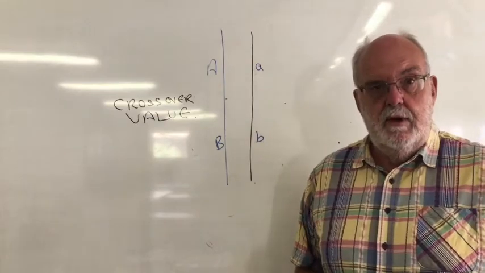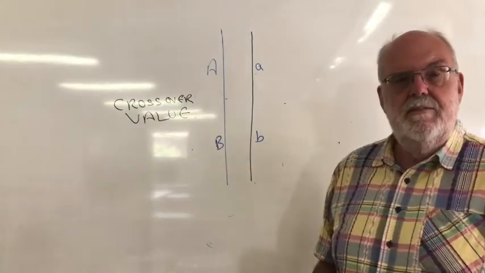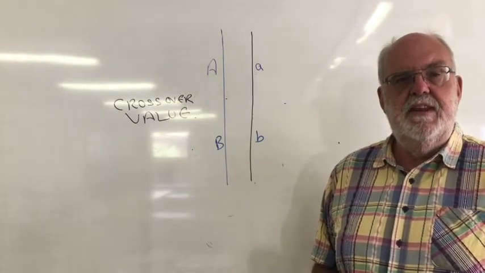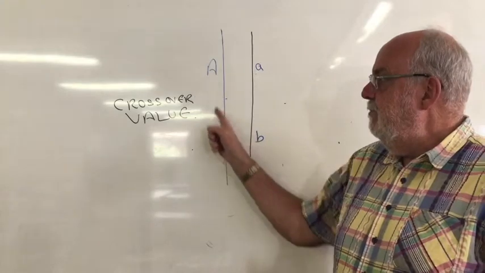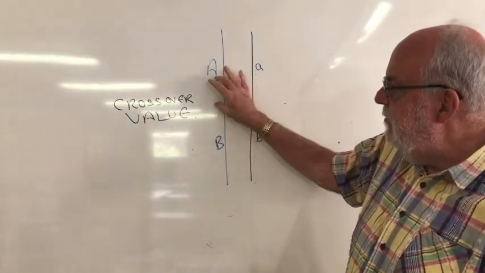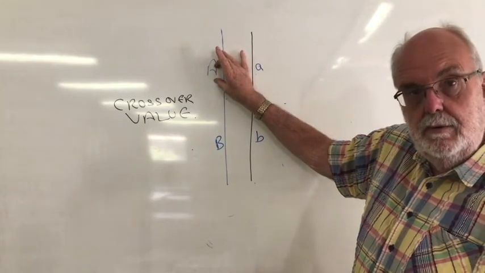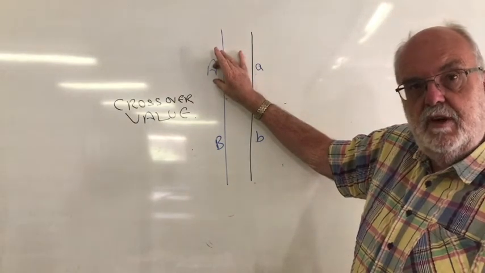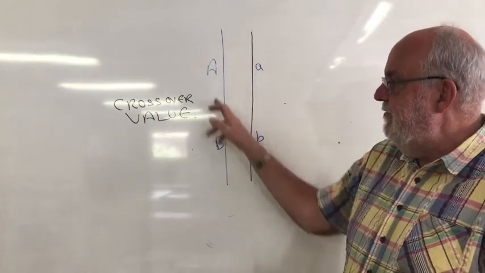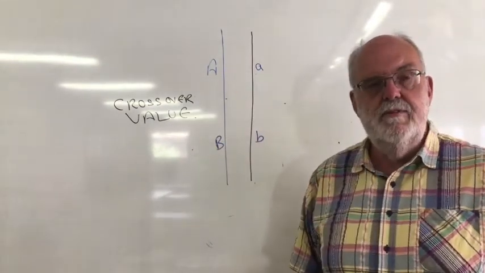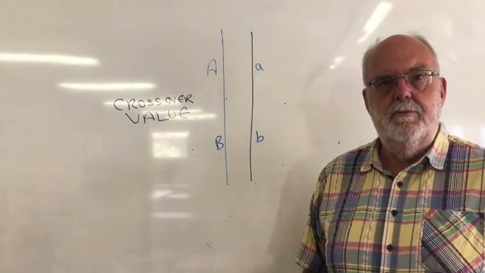And you'll see that when you read the notes. But the crossover value gives an indication of the percentage chance of these alleles being separated. So if they're really close together, the crossover value is very low because there's a very small chance of them separating. If they are very far apart, the crossover value is high because there's a much greater chance of them separating.